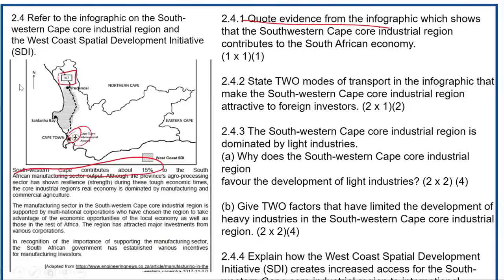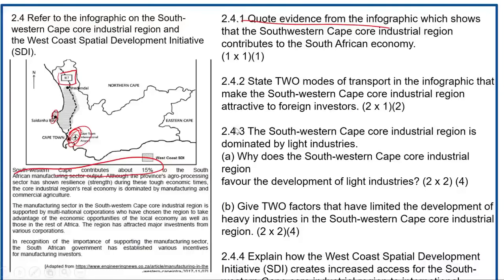So you can give the two modes of transport in the infographic that make the Southwestern Cape core industrial region attractive to foreign investment. You have this and you have the harbor there. So your air and your water transport.